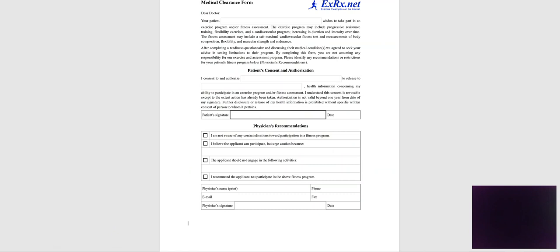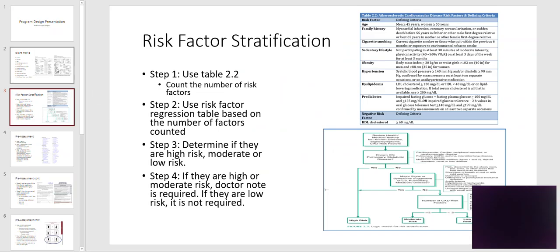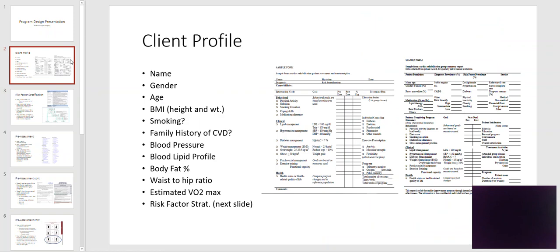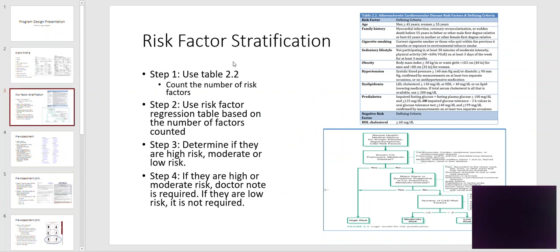All right, so how does this fit in with our program design? Like I said, with your client, you start off with the client profile, and then the next step is risk factor stratification. All right, we already went over, use table 2.2, count the number of risk factors. Step 2, use the risk factor regression table based on the number of risk factors counted.